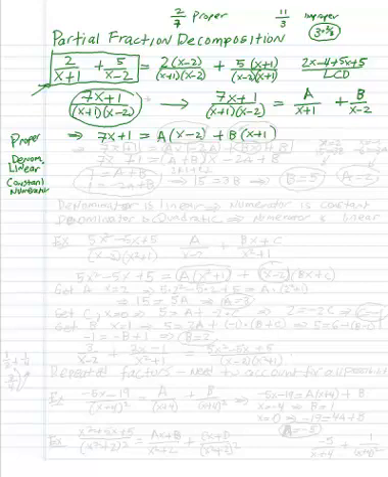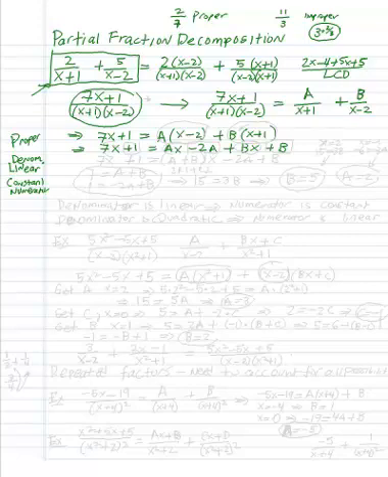And now from here, we're going to equate coefficients. When we add things together, we're adding like terms. So on the right-hand side, we have ax minus 2a and bx plus b. And then on the left-hand side, we still have this 7x plus 1. And now this is going to form a system of equations.